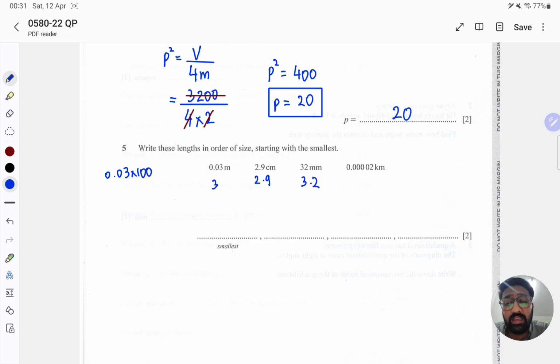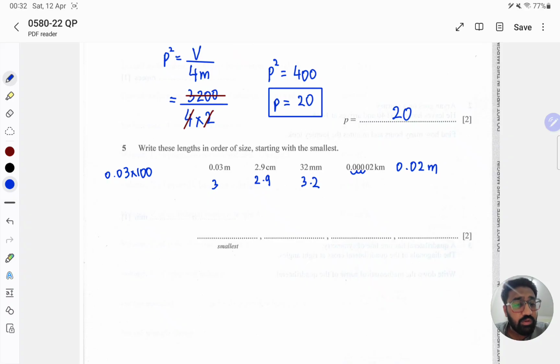And after that I'll convert kilometers also into centimeters. First I will convert kilometers into meters, multiplying by 1000, which is going to give me 0.02 meters.